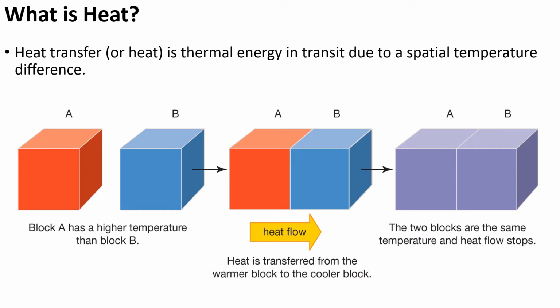So heat is the energy that flows due to temperature difference, and heat always flows from higher temperature to lower temperature, and the heat flow will continue until the temperatures of both bodies become identical. Clear? I think it's clear to you what heat is. This is the basics of heat.